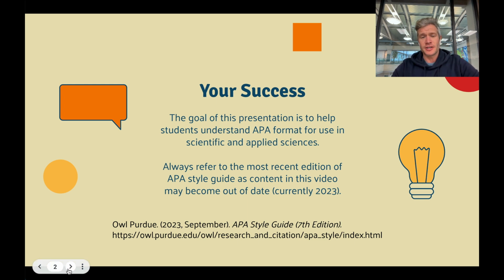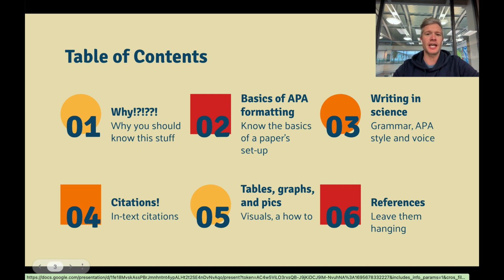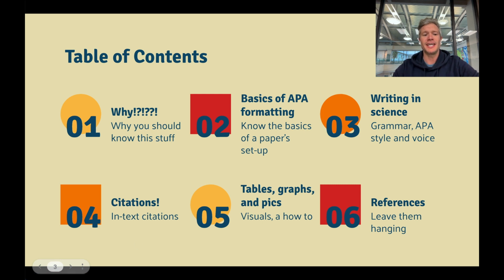So what will we cover in this lecture? Well, like I said, we'll cover the why. Why do you want to know this stuff? Why is it important to know, aside from just helping your grades, I guess, on your paper? We'll go over the basic APA formatting, writing in science. So that's not just how to do APA citation, but some general tips for you there. Citations, in particular in-text citations, and how that looks and the preferred method in science.